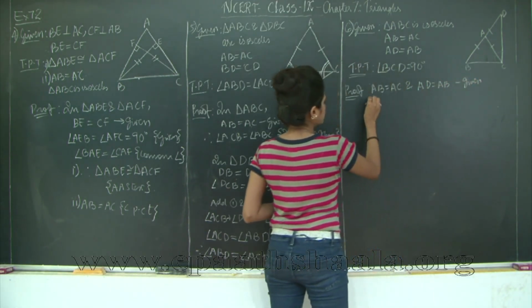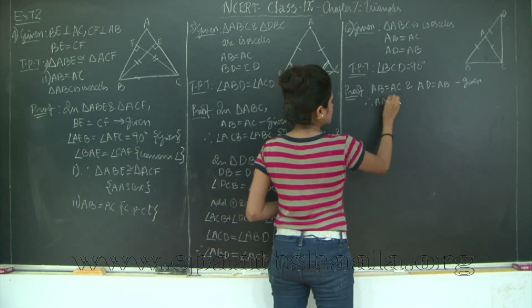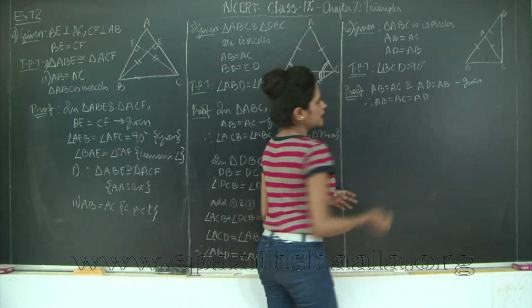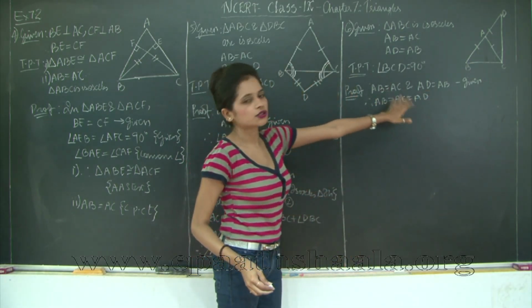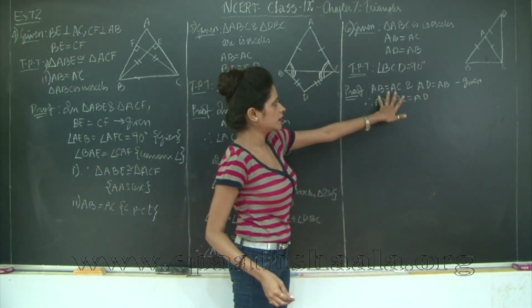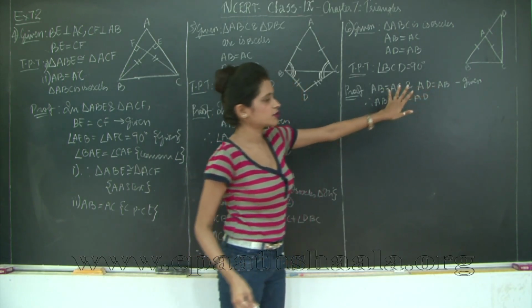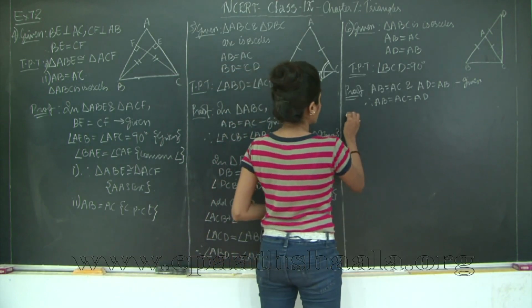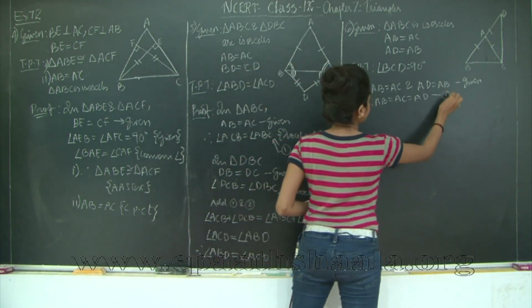Therefore, I have AB is equal to AC, which is equal to AD, since equals that are equal to the same thing are equal to each other. Now I'll mark this as 1.